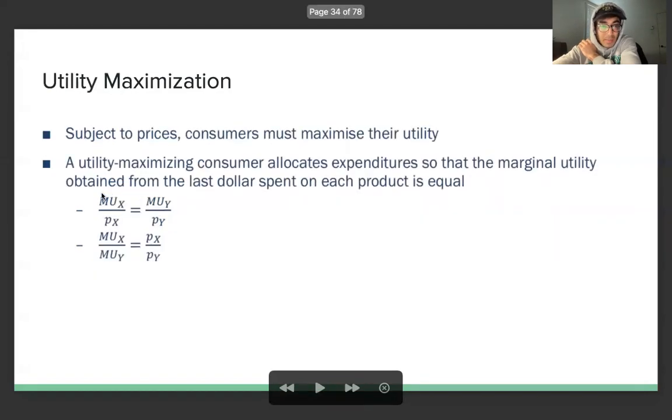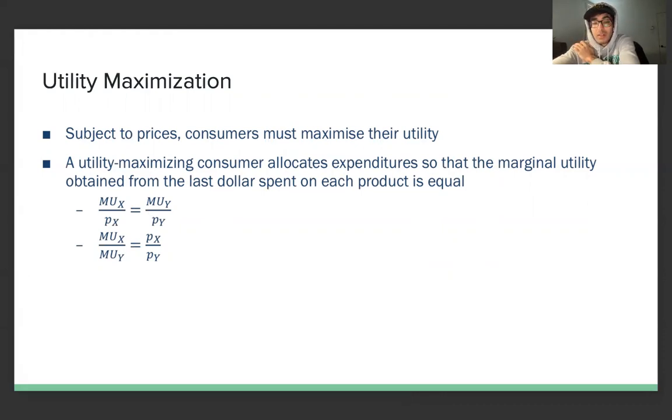When MUx over Px is less than MUy over Py, it basically means that the additional utility I get from one more unit of good y, with respect to what I paid for that unit, is more for good y than good x. And that's why, if I want to increase my consumption, I would increase my consumption of good y, because for the price I'm paying, the happiness I'm getting is more for good y.